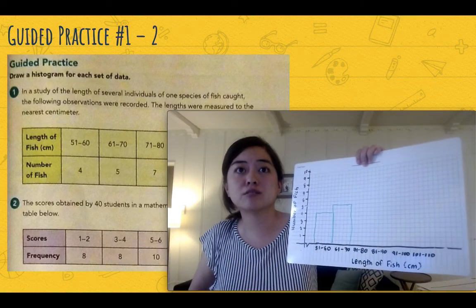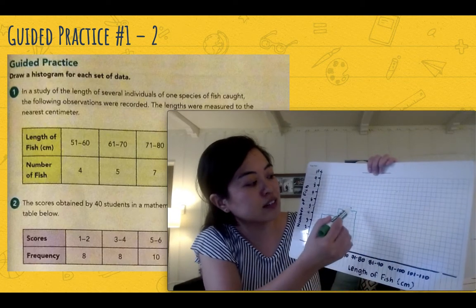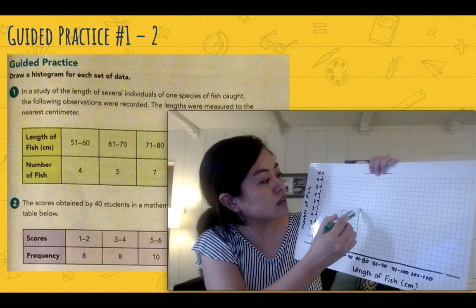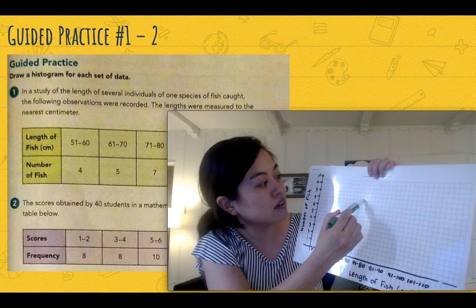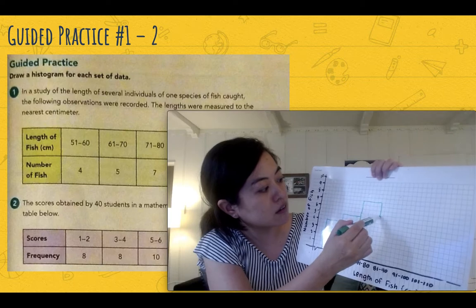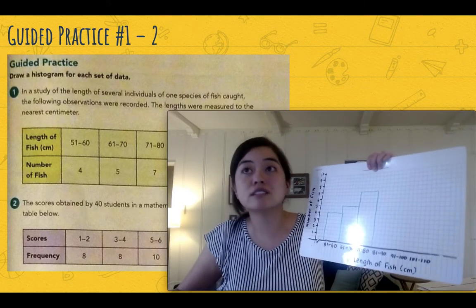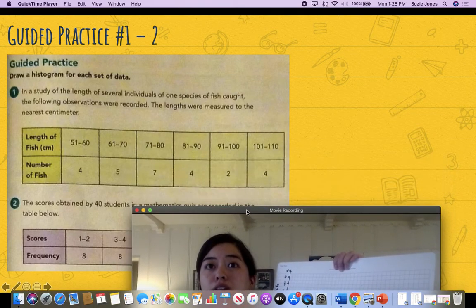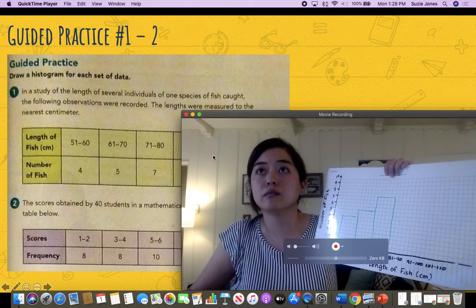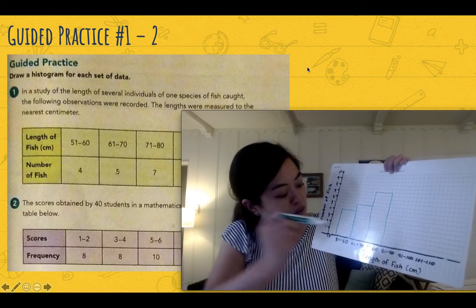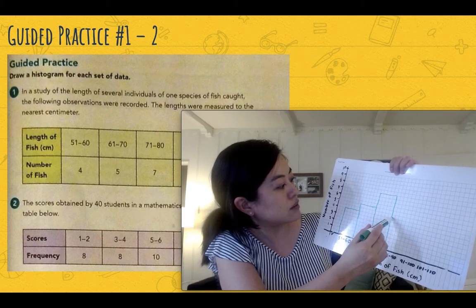Okay, our next piece of information, 71 to 80, there's 7. And then 81 to 90 is 4, which is here.